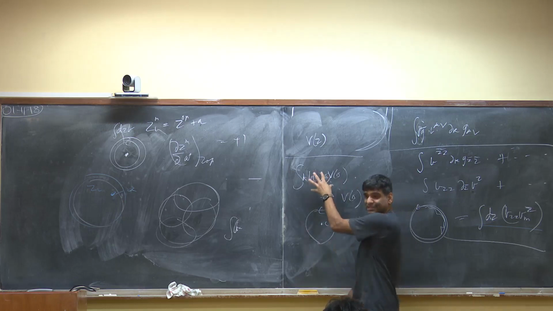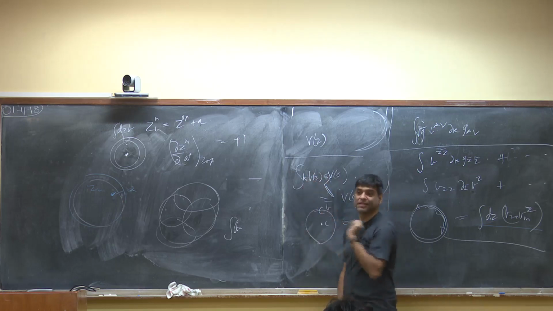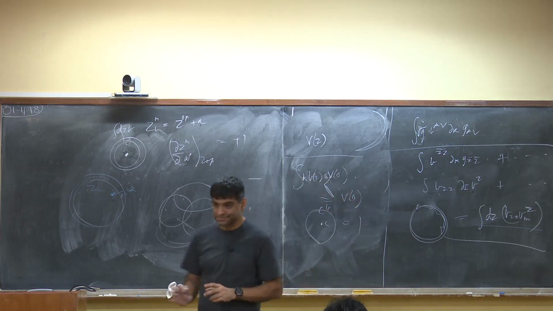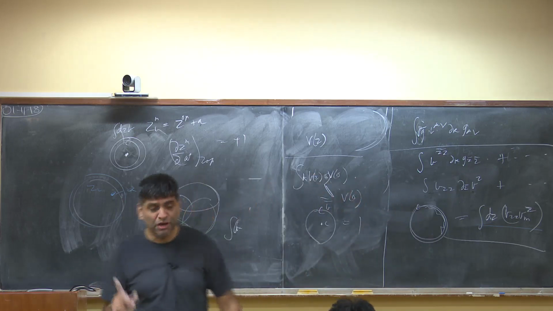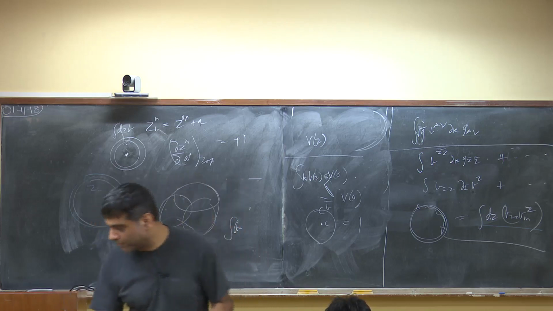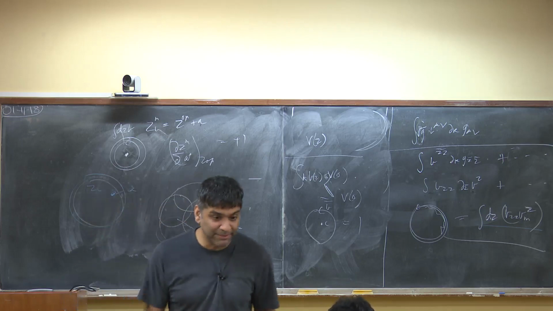But once I've inserted this identity into the old story, two good things happen. Firstly, all operators are associated with an insertion of cV, rather than some operators being associated with V and some with cV.